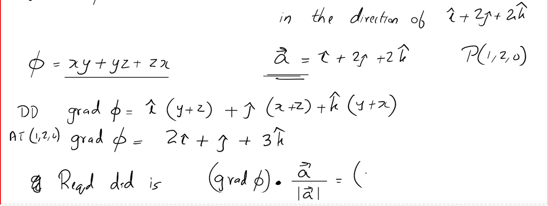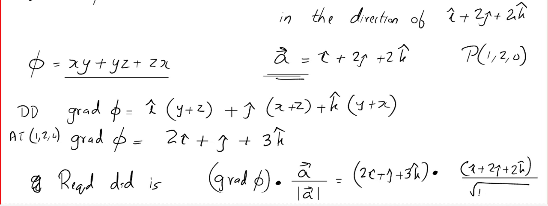And that will be 2i plus j plus 3k dot product with A, that is i plus 2j plus 2k divided by modulus. How do you find the modulus? Root under 1 plus 4 plus 4.